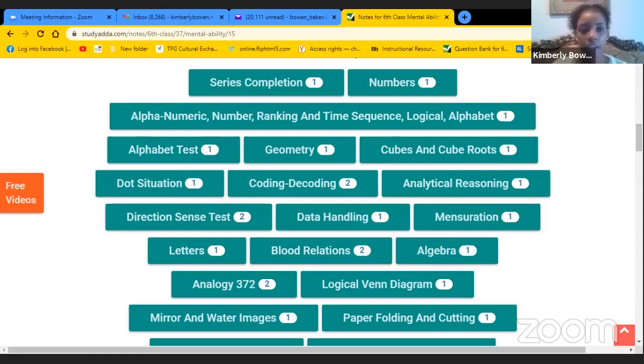And here, you're simply asked which plane comes first. So it's safe to say that a ranking sequence test will come on the examination. I'm going to the study other website to show you.